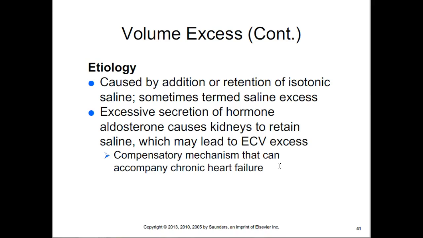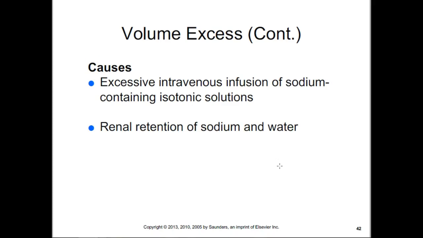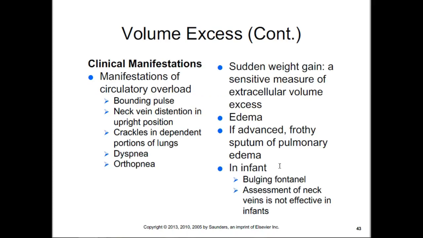This is often seen in chronic heart failure. Some of the causes are excessive intravenous infusion of sodium-containing isotonic solutions, or renal retention of sodium and water. So what are the manifestations of volume excess?